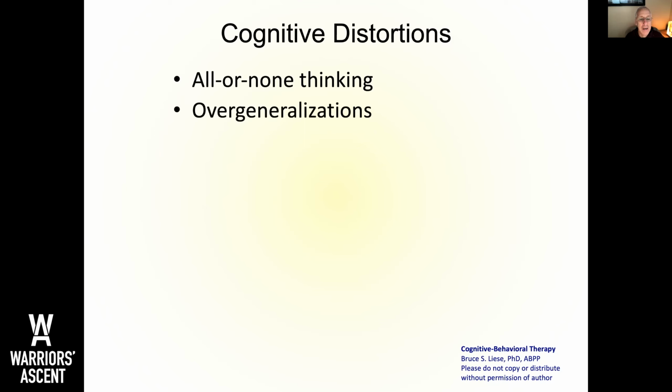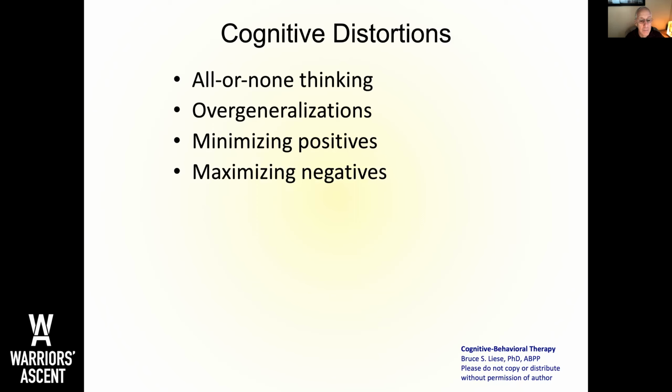When you overgeneralize, for example, if you don't have a college degree, that means I'm stupid, I'm lazy, it means somehow I'm a terrible failure. It's when you take a small thing and make it much bigger. That's also, by the way, maximizing negatives. But I skipped minimizing positives. Minimizing positives is another cognitive distortion.